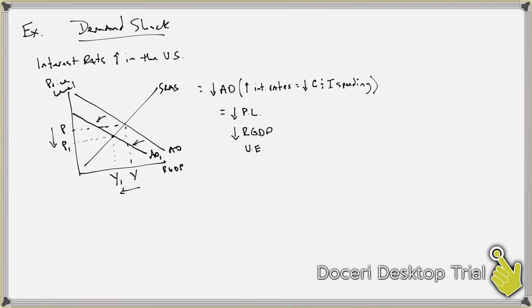So I have to remember that there's always a connection between GDP and unemployment. When our GDP is falling, then that means that we are going to be producing less, so we're going to be using less workers, which in turn is going to cause the unemployment rate to go up. And quick tip, the change in GDP and the change in unemployment will always be opposite from each other.